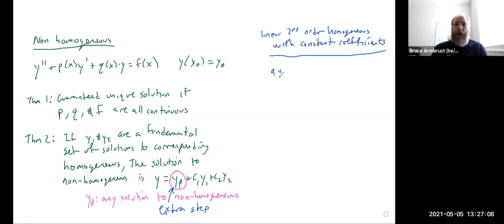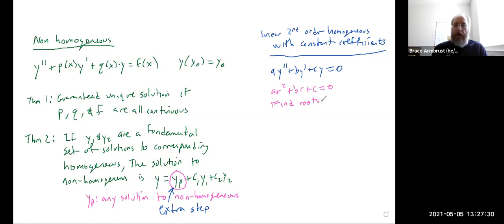So these are the A y double prime plus B y prime plus C y equals 0, where A, B, and C are just numbers. What we saw, the process there was we created the polynomial. So I make A r squared plus B r plus C equals 0, and we find the roots.